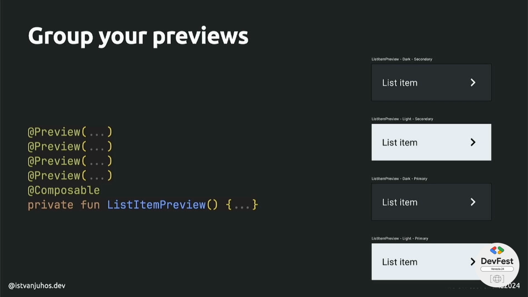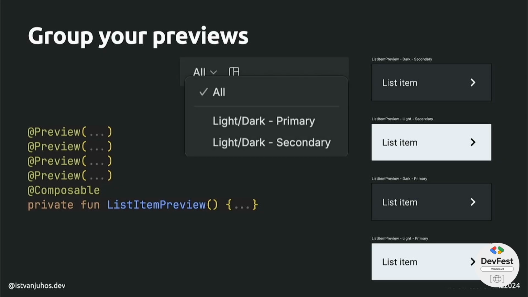But the good thing with this, why we've done that, is that if you have a lot of such previews in your preview list, then Android Studio provides this grouping functionality that you can filter out your composable previews with. So if you're adding really, really a lot of previews, or creating multi-previews, I'm ahead of myself, then you can easily filter them out in the menu.